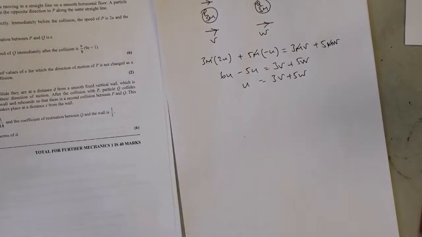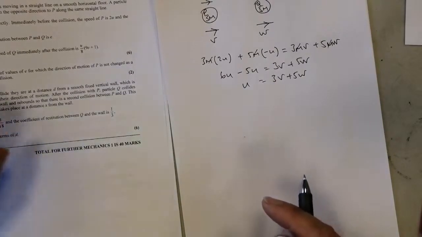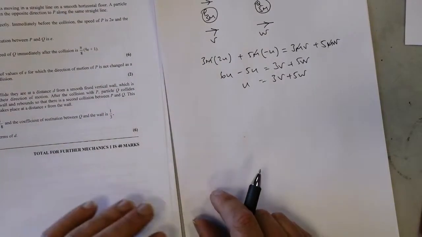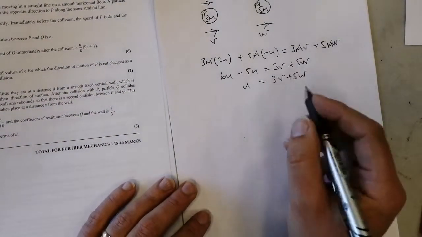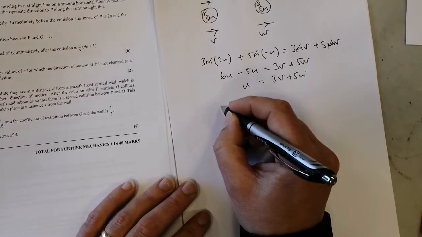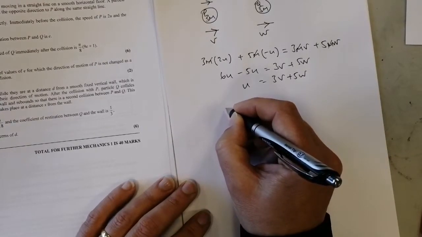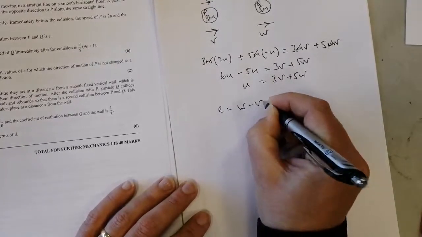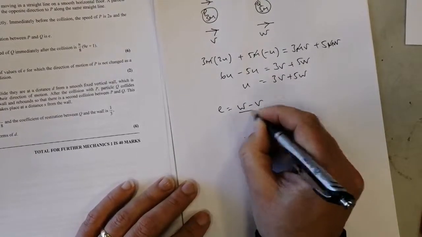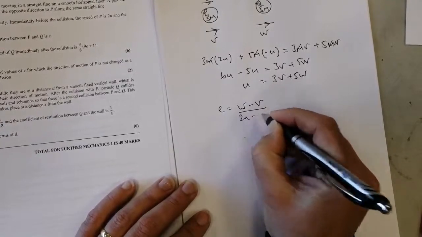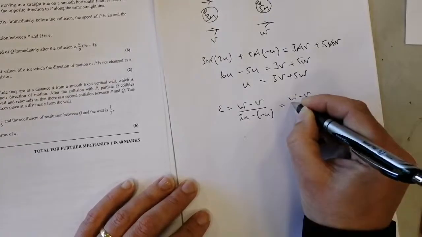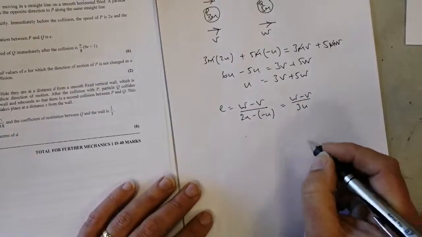And now we also consider the restitution, which is e. So that's going to be the difference in speed afterwards, W minus V, over the difference in speed before, 2u minus u, W minus V over 3u.